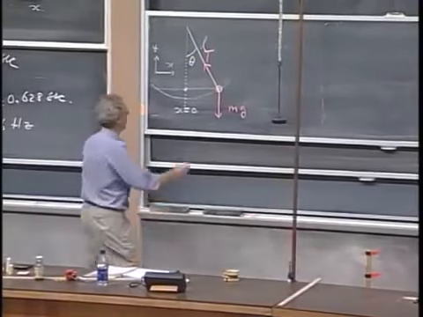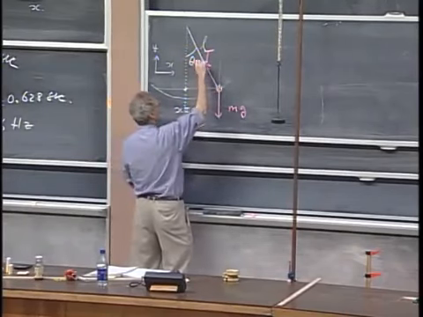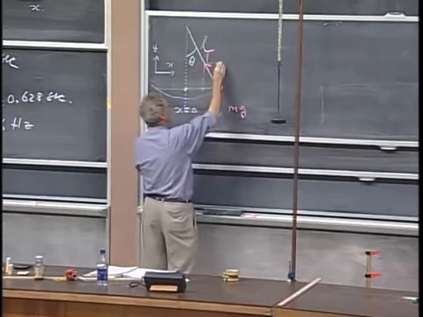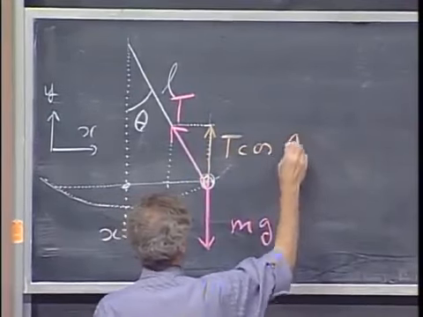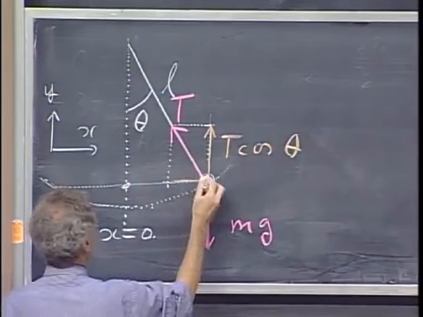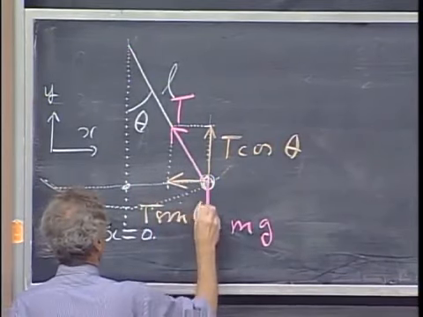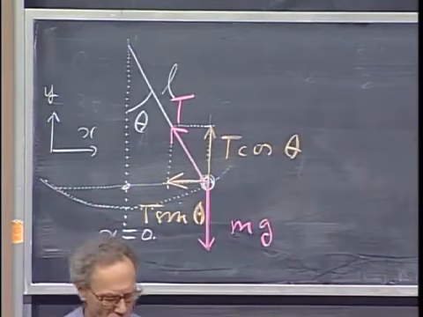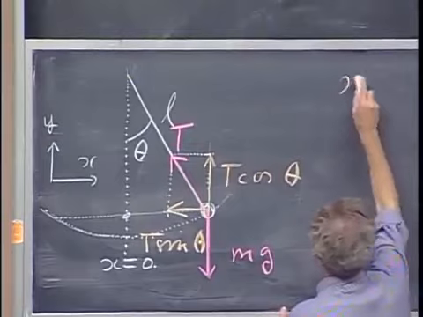So this is the y component, this is the x component. The y component equals T cosine theta, and the x component equals T sine theta.